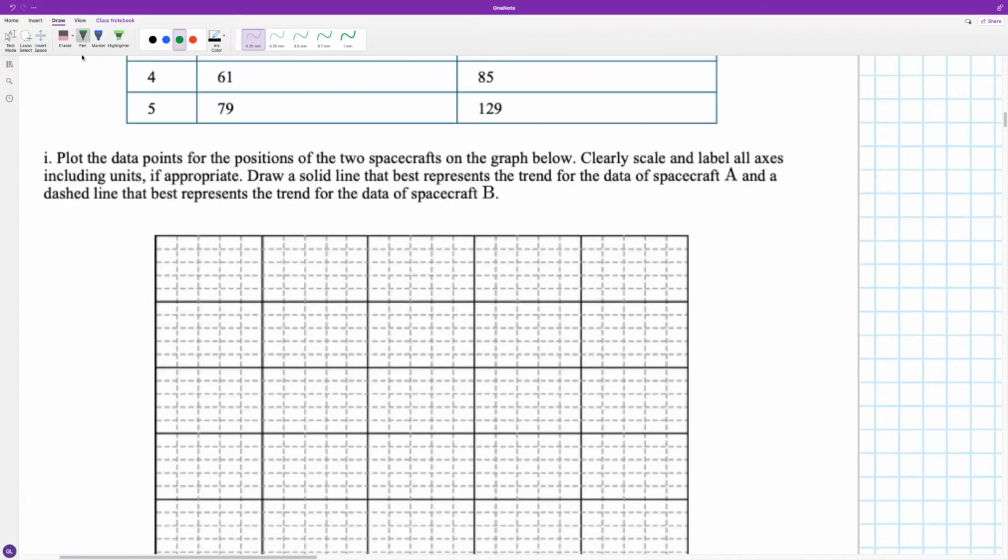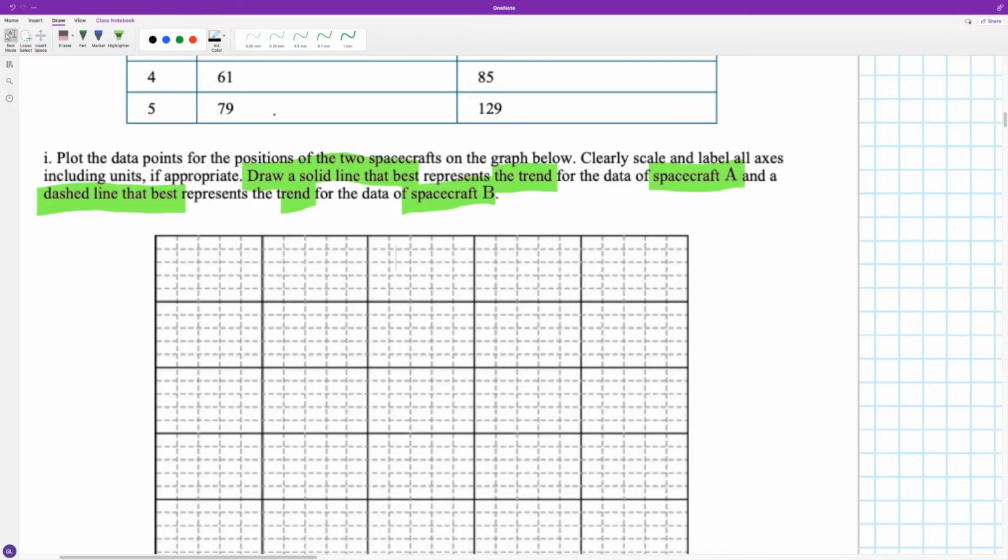So here's one of the things that I feel many students tend to forget or miss. Oops, that was a rather wild highlight mark. Let's go ahead and try to keep it a little straighter. Draw a solid line that best represents the trend of the data for spacecraft A. And then we're going to draw a dashed line that best represents the trend for spacecraft B. So oftentimes we just plot one thing, but we need to make sure that we have a line that best represents and does not connect the dots.